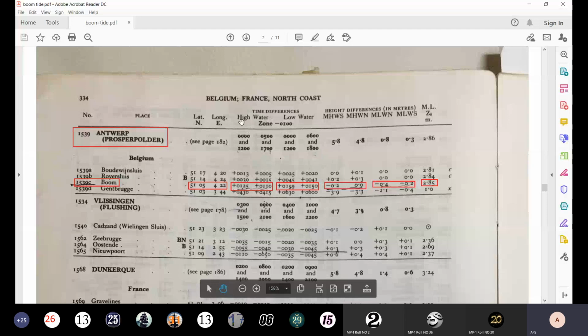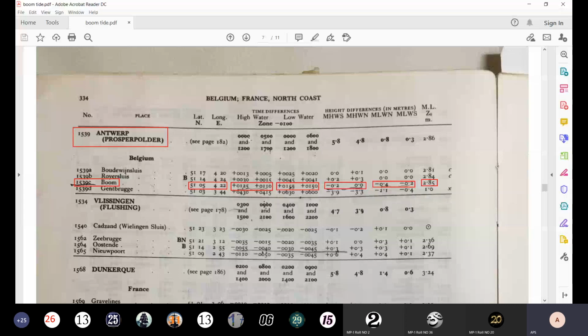So understand this. If your high water at Antwerp was exactly 0000 hours, that means midnight, then the correction to be applied would have been plus 1 hour 25 minutes, and that time of high water will become time of high water at Boom.